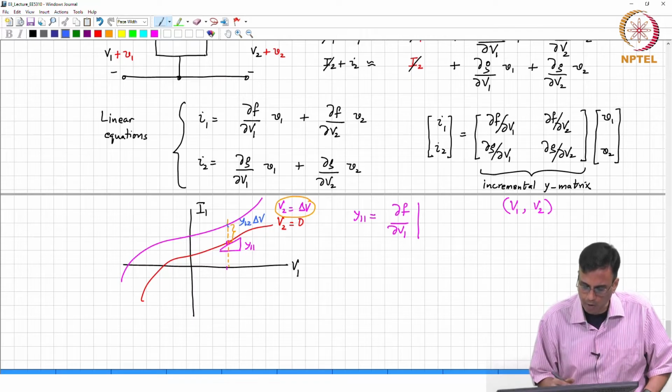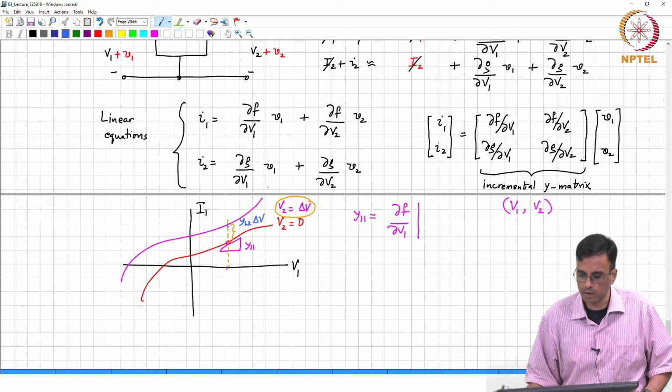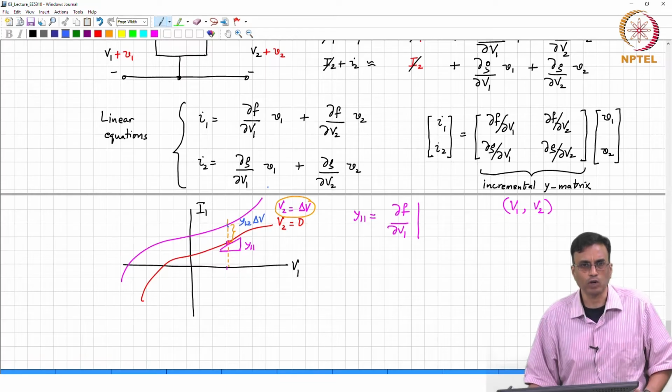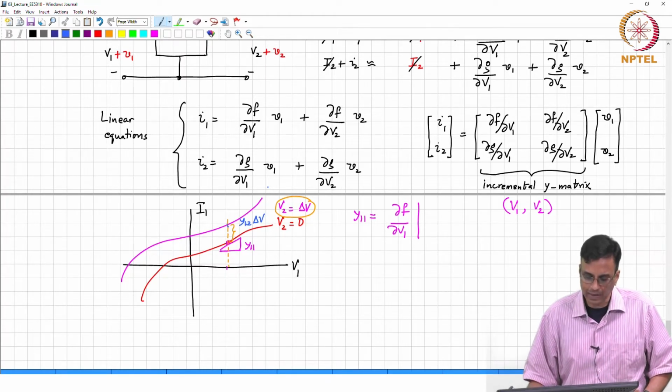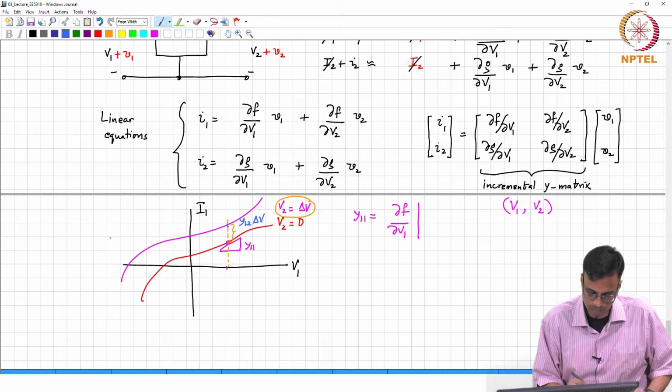Now, if I draw another curve for V2 equal to 2 delta V, where delta V is still very small, what comment can we make? Will the curve be parallel, or will it not necessarily be parallel? So, you can get another curve like this.